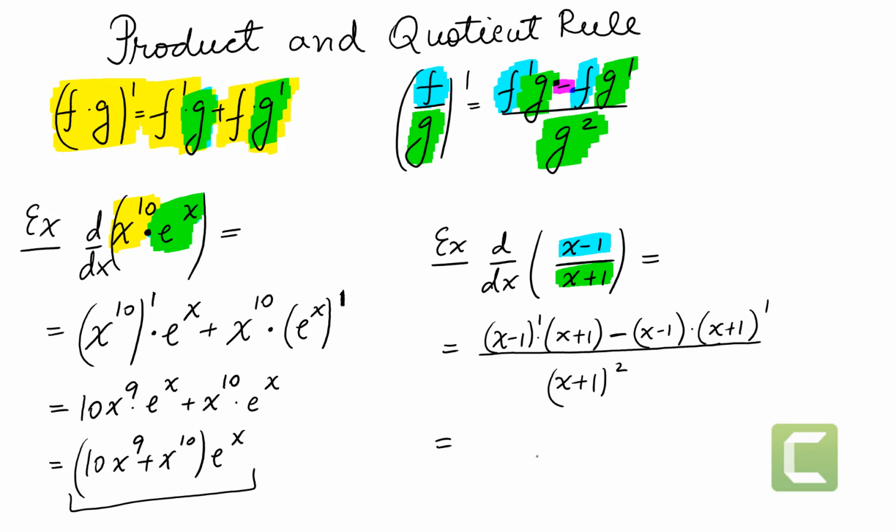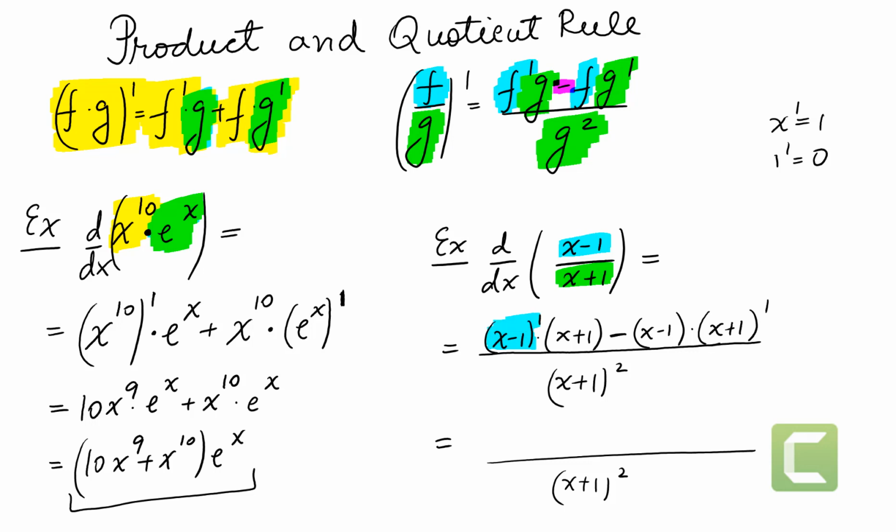So let's do the math. Now the denominator, I'm just going to copy it because it's the same. Now x prime is equal to 1. We did the proof of that, it's 1. 1 prime is 0 because any constant prime is 0. So the first parenthesis here is actually equal to 1.